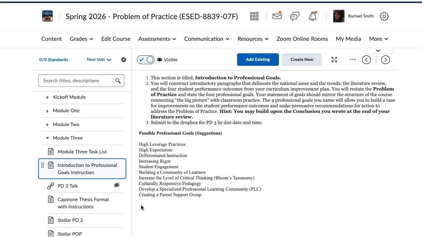Again, if your problem of practice is literacy, I think it's going to be really hard for you to show how a professional goal of high expectations is going to improve the problem of practice unless you embed the research that you found about how you improve literacy. But it's going to really rely on that research being explicit to high expectation.